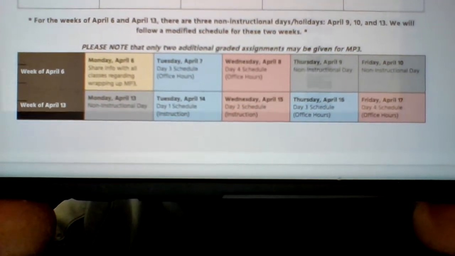Since we have a partial spring break in here for this week and next week, today is just a day of sharing information about wrapping up marking period 3. Then Tuesday and Wednesday of this week are just going to be office hours because there's no instruction this week. And then we're going to get back to things on a more regular schedule the following week after our shortened spring break.